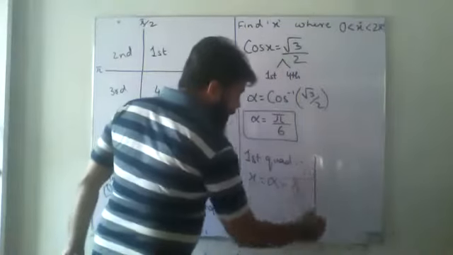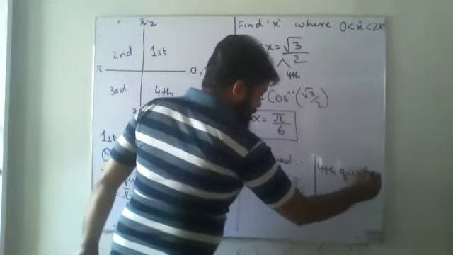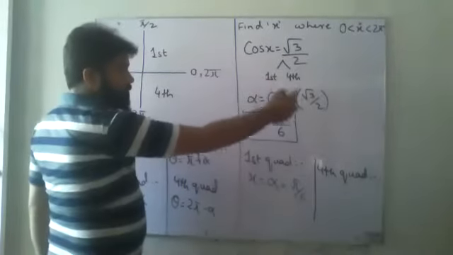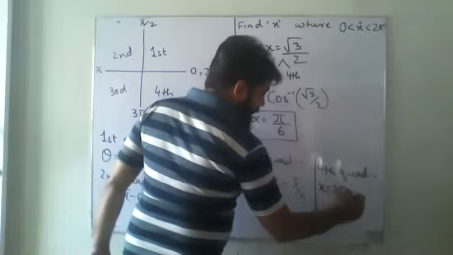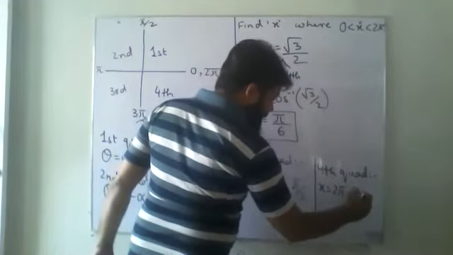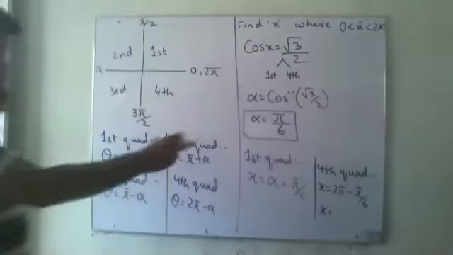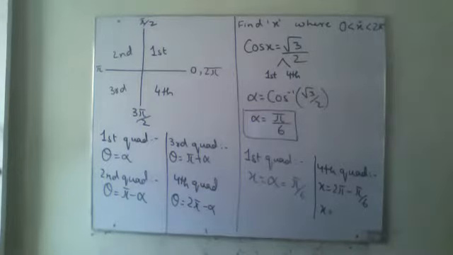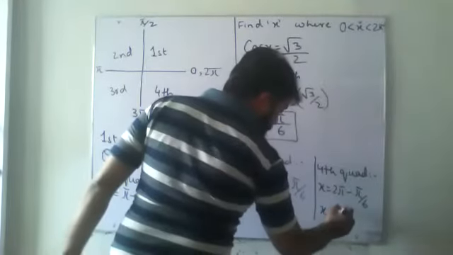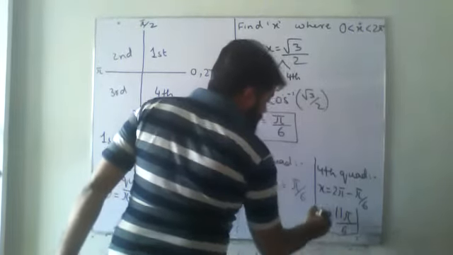Then for the fourth quadrant, x equals 2 pi minus alpha, that is pi over 6. When I simplify 2 pi minus pi over 6, the result comes to 11 pi over 6.